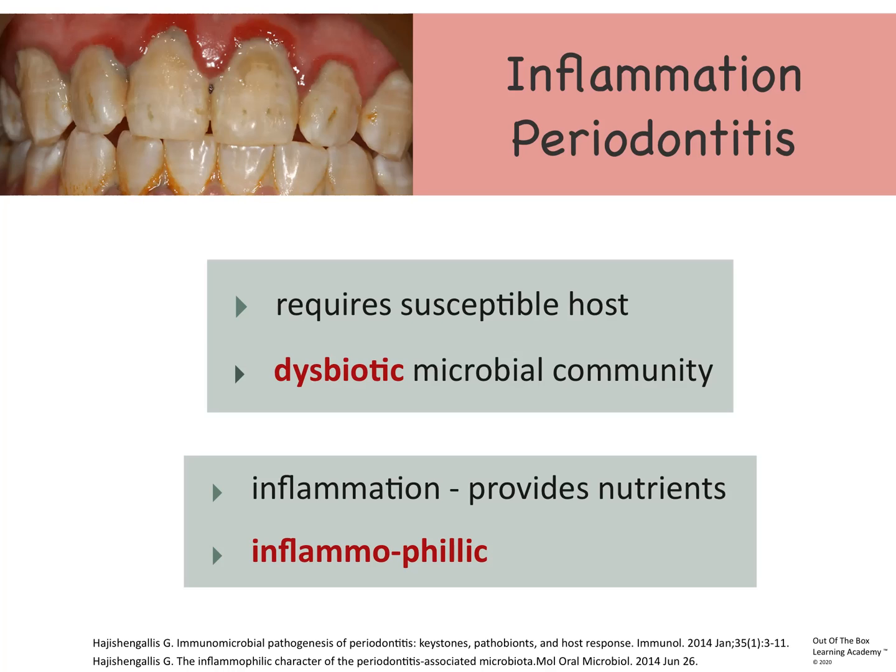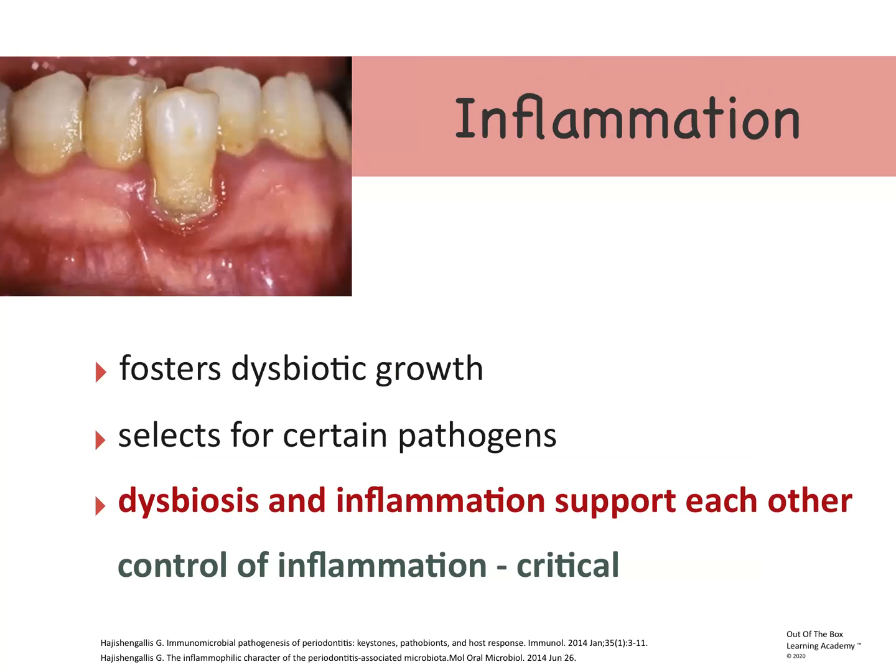So he refers to periodontal disease as an inflammophilic community full of pathogens. In other words, inflammation fosters dysbiotic growth. Without inflammation, you're not going to have dysbiosis, and it causes the microbial community to select out for certain pathogens.